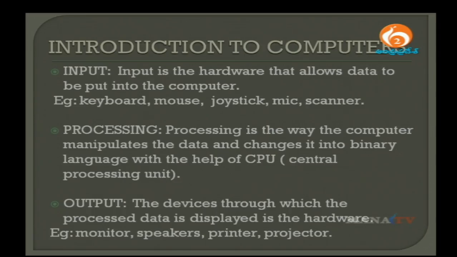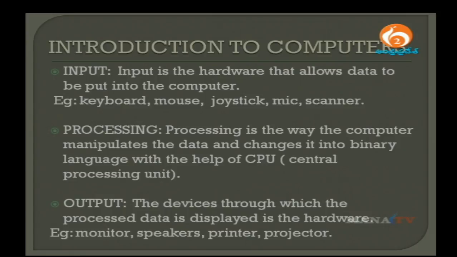The ads are given to the projector guy so that he displays those ads for you, so that whenever you look at the ad, you simply understand it and then you go. That is what you have to remember. Output simply means the display. The devices through which the processed data is displayed is in the hardware.